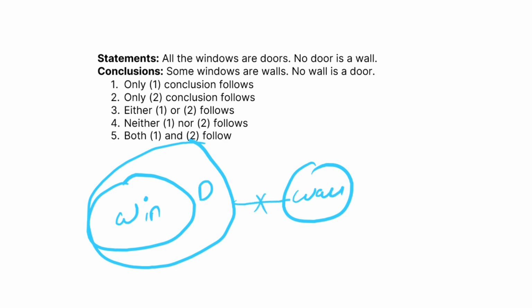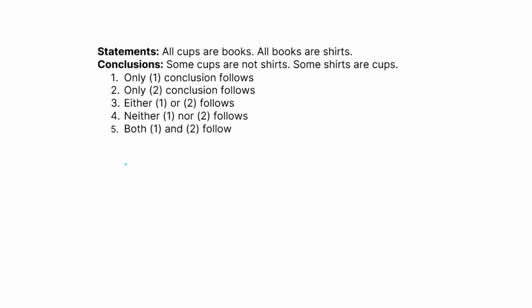What conclusions are they giving here? Some windows are walls. There is no some relation here. No wall is a door. So it is correct. So only two follows. Going to the next question.